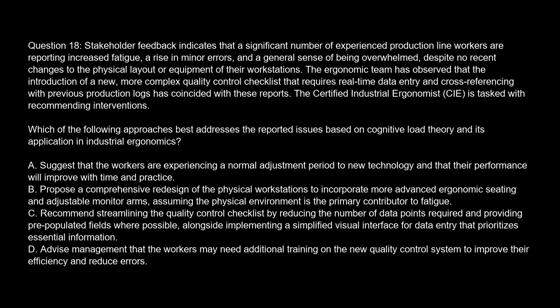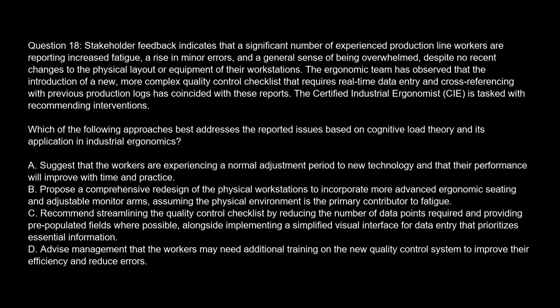Which of the following approaches best addresses the reported issues based on cognitive load theory and its application in industrial ergonomics? Option A suggests that the workers are experiencing a normal adjustment period to new technology and that their performance will improve with time and practice. Option B proposes a comprehensive redesign of the physical workstations to incorporate more advanced ergonomic seating and adjustable monitor arms, assuming the physical environment is the primary contributor to fatigue.